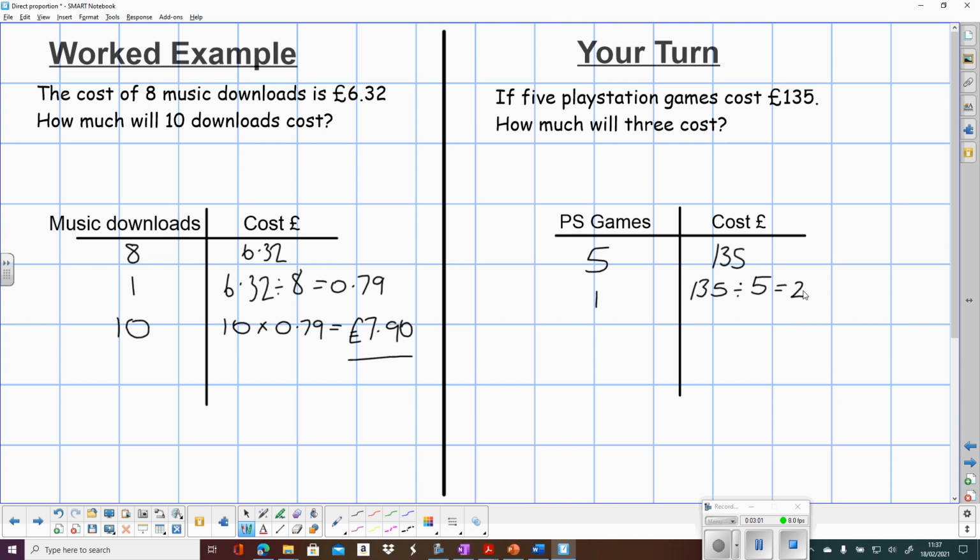Each one is £27. So if we know that one PlayStation game is £27, we can work out how much 3 PlayStation games cost. 3 times 27, that's £81. Remember to put your pound sign in.